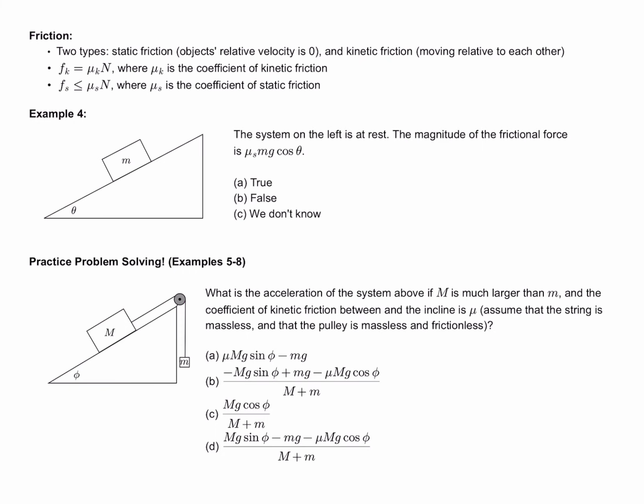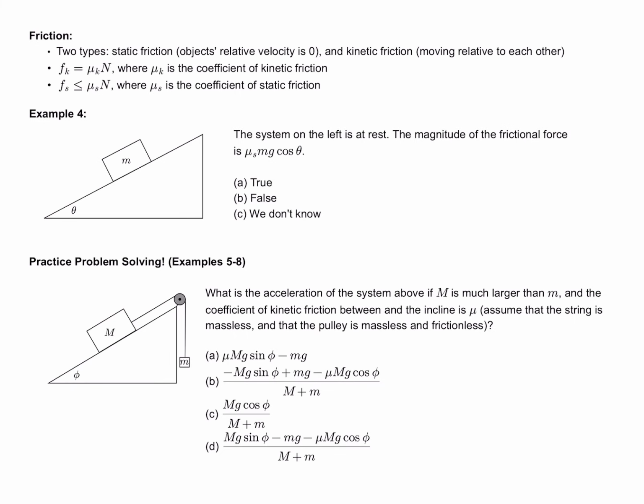So if the maximum static friction is 3 newtons, let's say, but I'm only applying a force of 1 newton in the horizontal direction, the static friction actually occurring in that system is only 1 newton, because it's not moving. It wouldn't make sense if it were 3 newtons, because then it would be accelerating in the opposite direction.